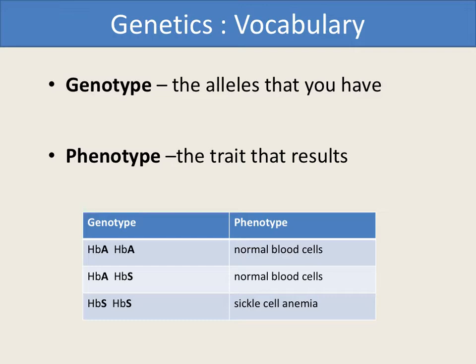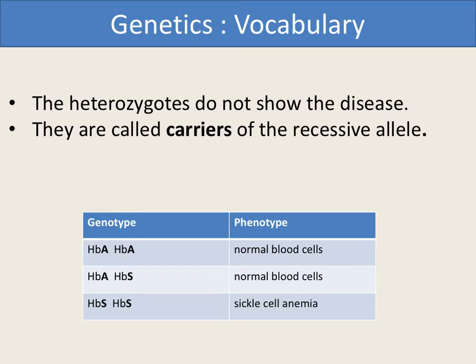HbAS, somewhat normal, but still good enough to carry oxygen. But you're resistant to the malaria parasite. And then HbS, you pay a big price. In other words, you're unlikely to ever breed successfully. You'll die first. Okay.